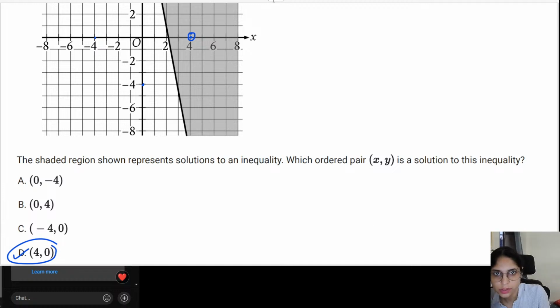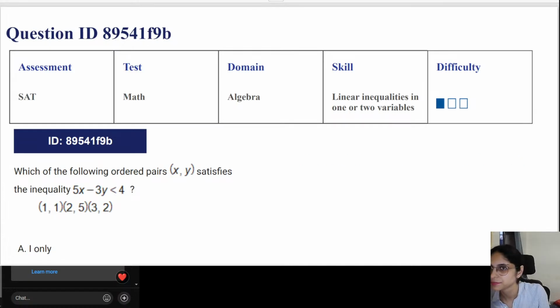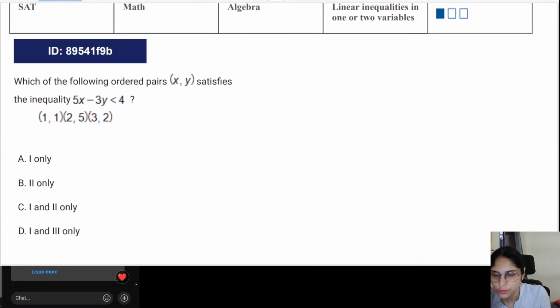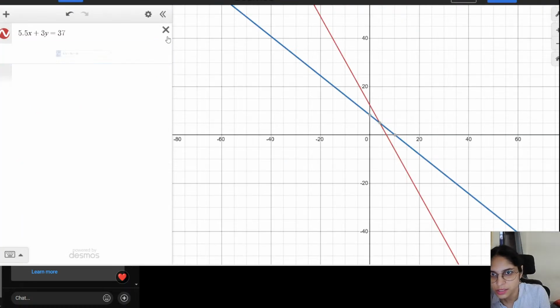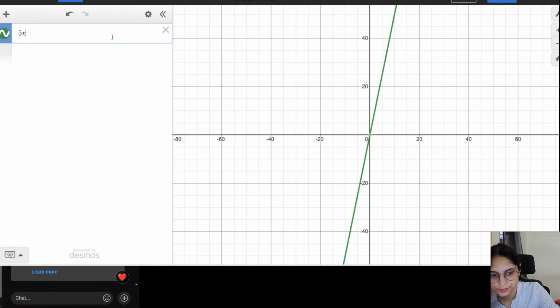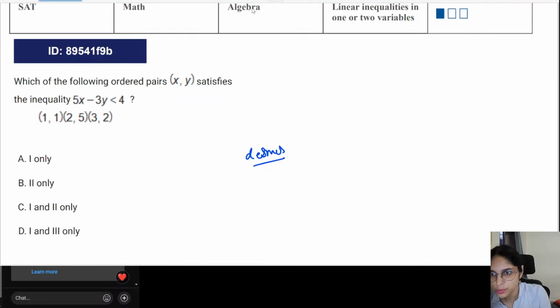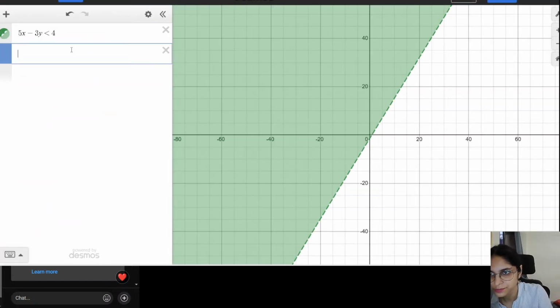Next one is question number 31. Which of the ordered pairs satisfies the inequality? The faster way is you can use Desmos. Just write 5x minus 3y is less than 4, and then just plot the points (1, 1).